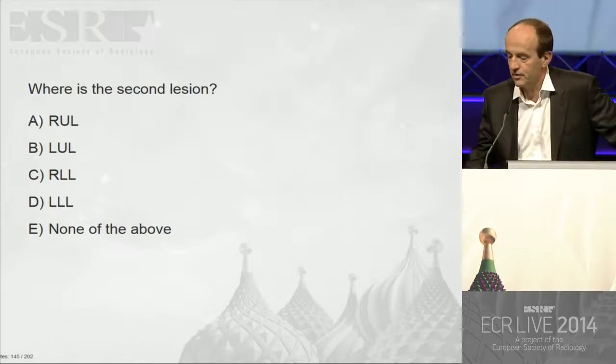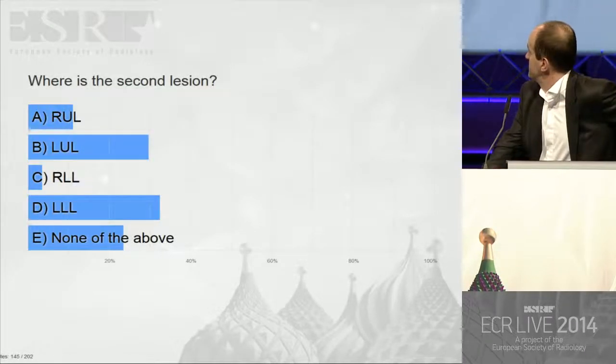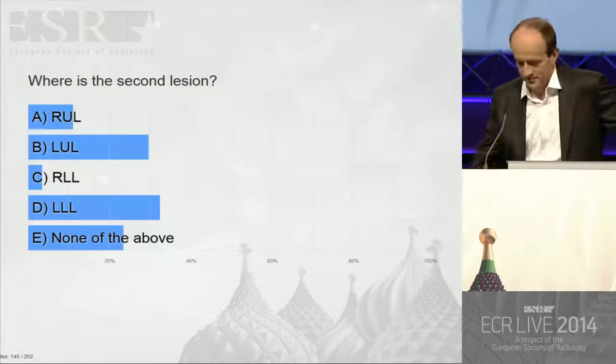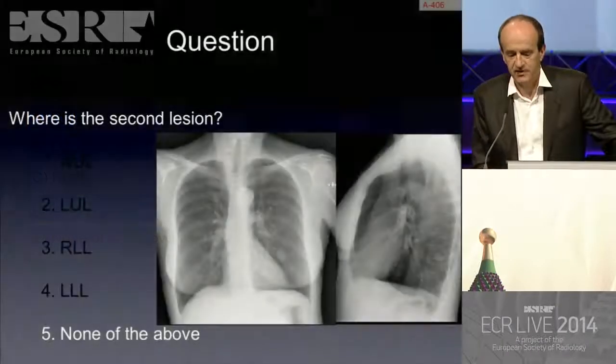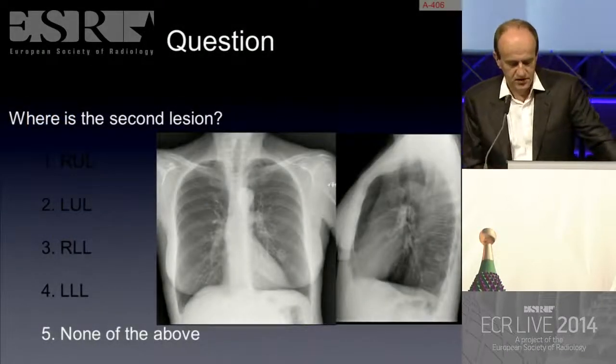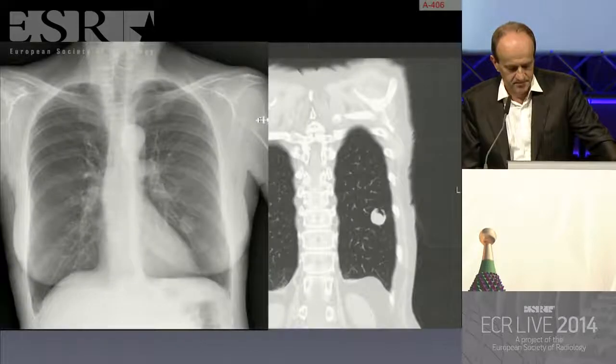Okay, let's look at the results. Let me show you. There is a second lesion, and the lesion is not in the lungs. Of course, the CT was performed because of the nodule.